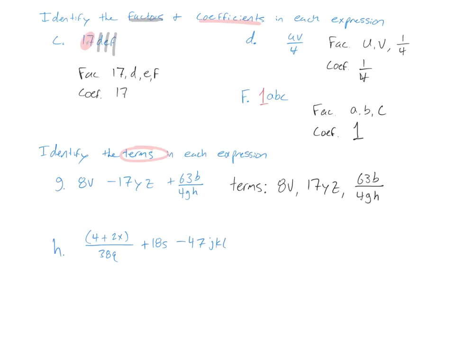So again, we're going to have 3 terms. 1, 2, 3. So I'm just going to write those terms out. The first one's going to be that 4 plus 2x over 38q. The next term is that 18s. And the last term there is the 47jkl.